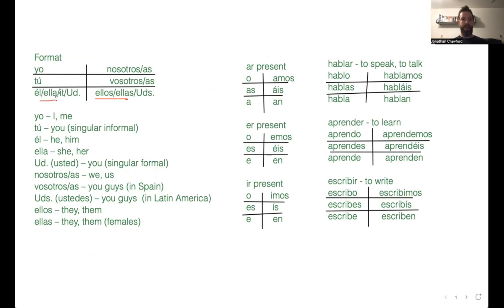The answer would be ella. Ella replaces my sister. For example, it can't be yo. Yo means I. Well, that doesn't replace my sister. And so only one of these will work, and it's ella. That's the only one that'll work. It can't be nosotros because that means us or we.